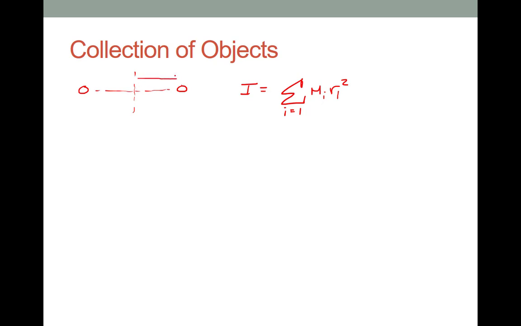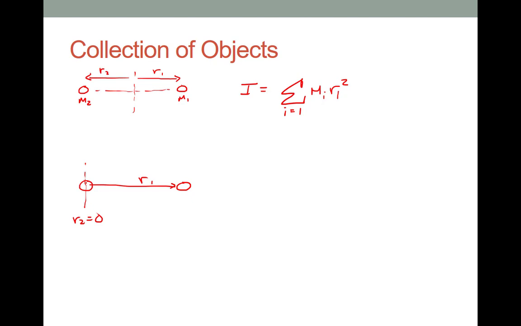So in this case, if this is M1, that would be R1 and R2 for M2. Now, the masses do not have to be situated equally from the axis, and the axis can be anywhere. I could consider rotating the same distribution of masses about this axis, in which case this would be R1 and R2 would be 0 because the mass is at the axis of rotation.